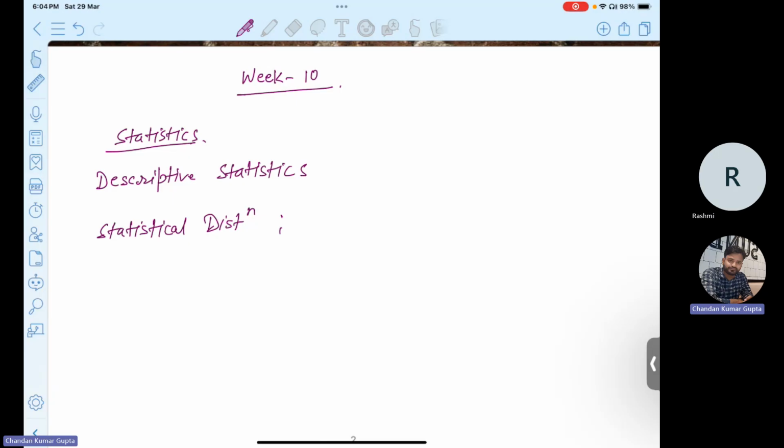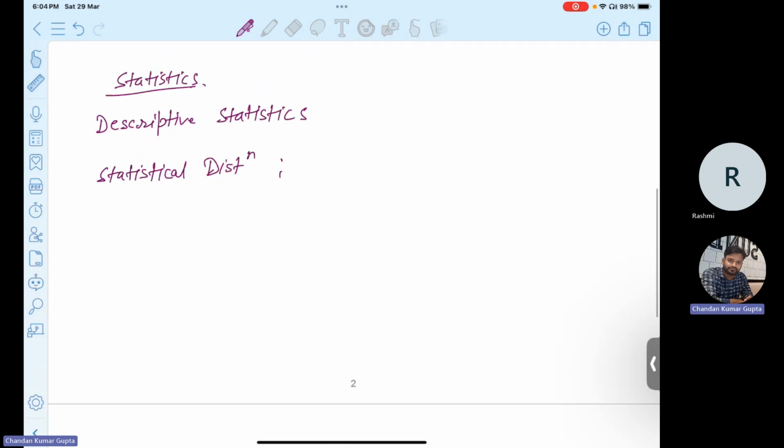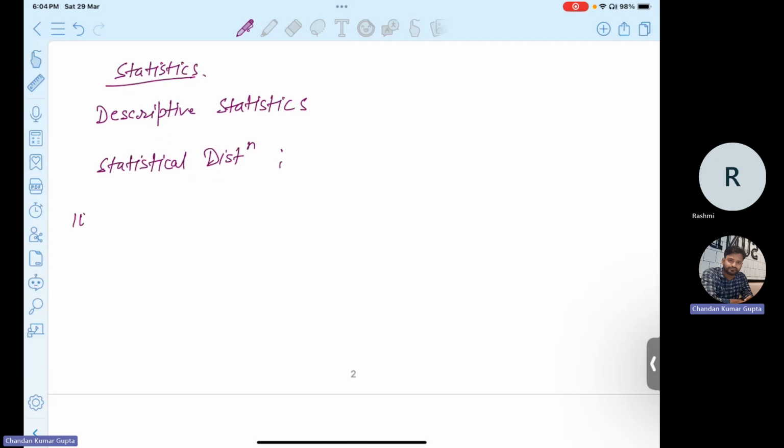Now we are in the 10th week of the 12-week course, and this week we will discuss the estimation part: point and interval estimation.